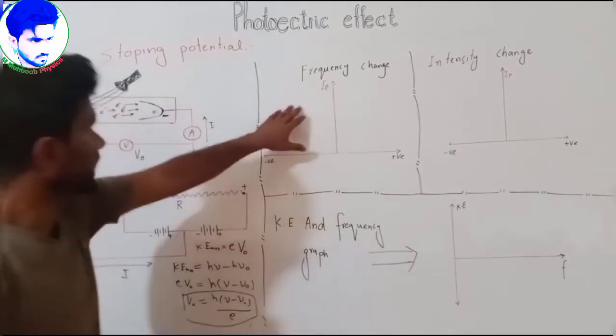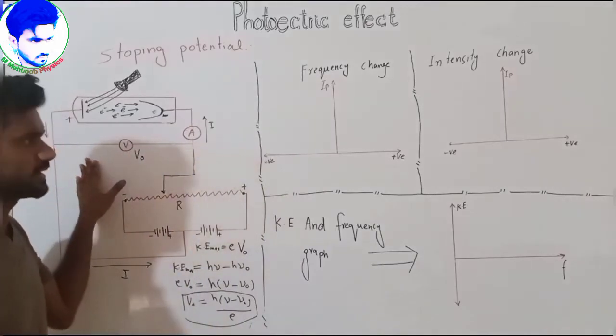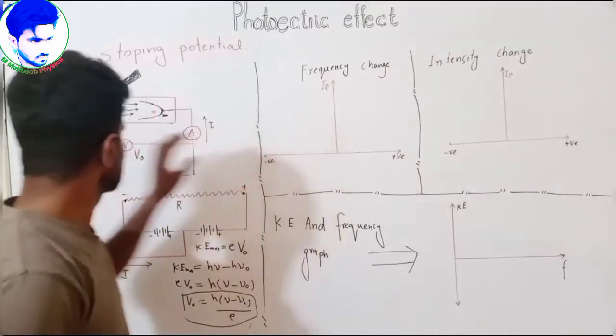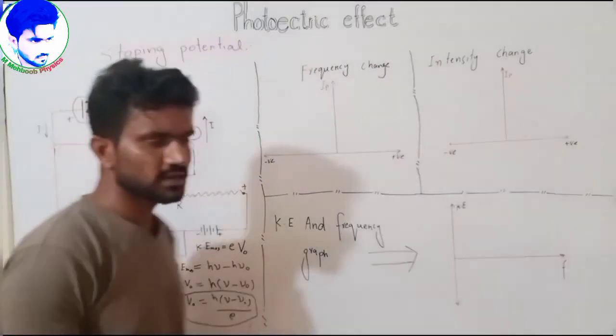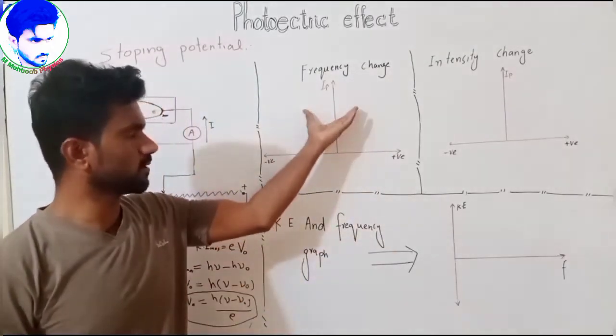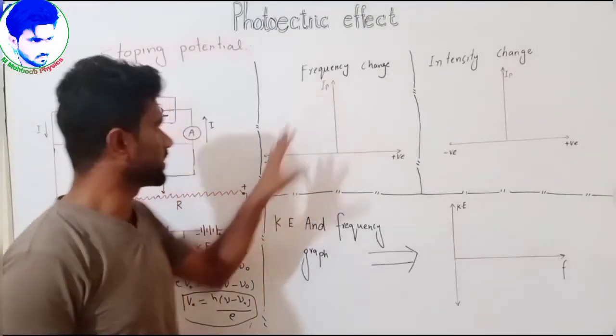So now we come to that point. Classical physics says that frequency is not concerned with the photoelectric phenomena, meaning that frequency does not matter in the photoelectric effect. It does not make any difference to the photoelectric phenomena.